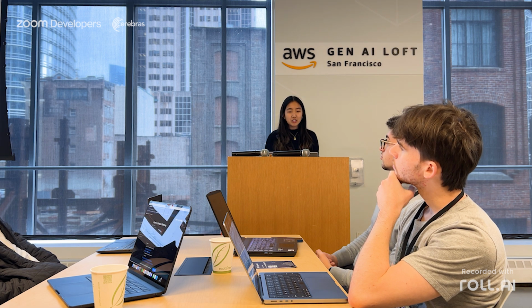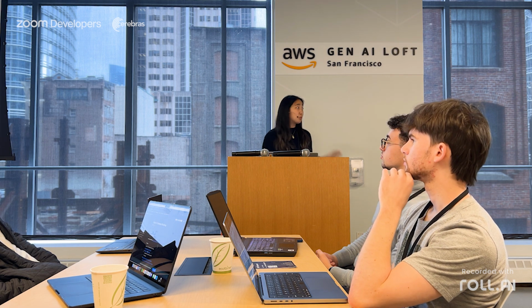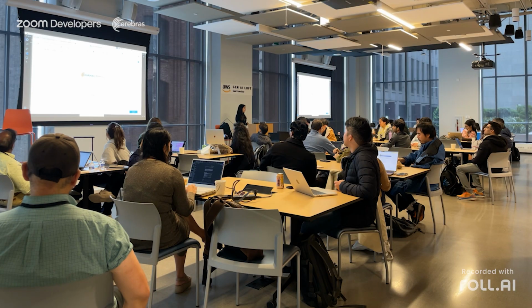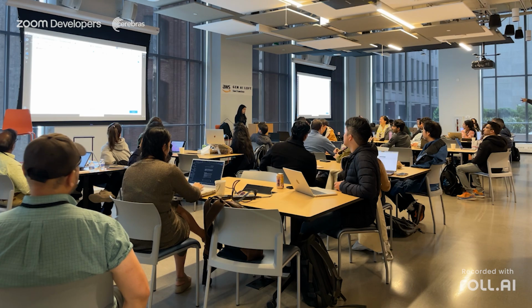And to give you a picture of what it looks like to run super fast inference, this is our Cerebras chat. It's just running Llama 3.1 70B on top of Cerebras hardware. So can someone give an example question? Why is the sky blue?